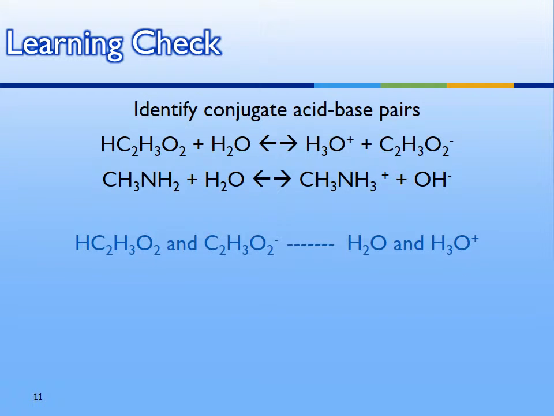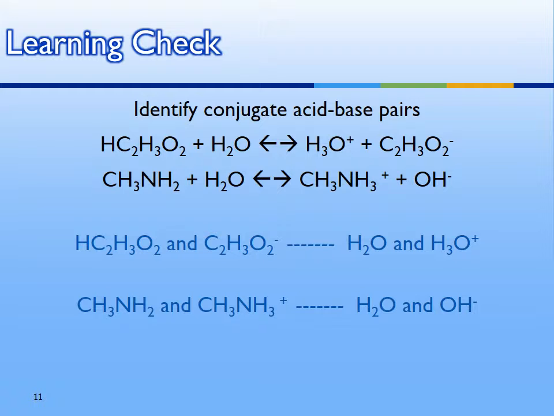Okay, so in the first case, acetic acid and its corresponding anion are acid conjugate base pairs. Water, in this case, accepted a hydrogen ion, became the hydronium ion, so water in this case acted as a base and produced a conjugate acid.